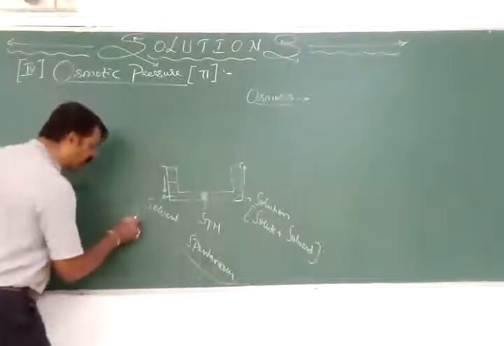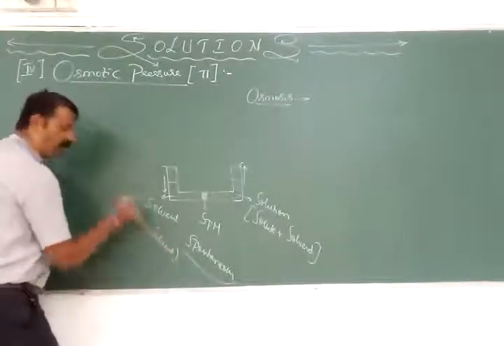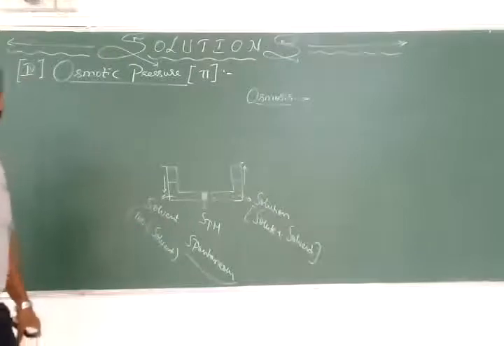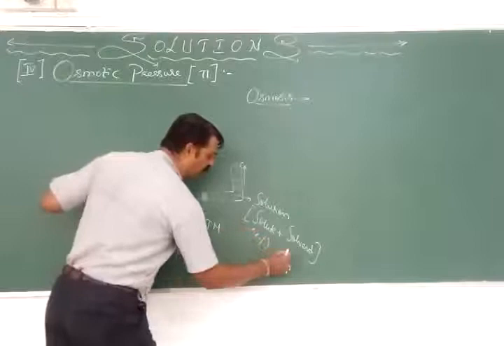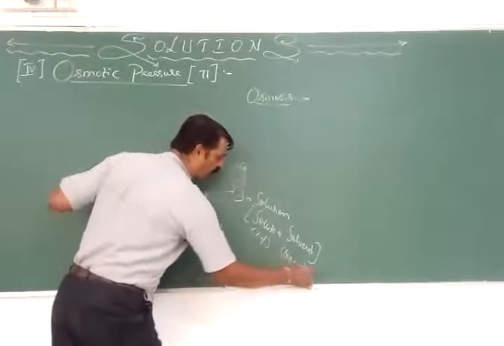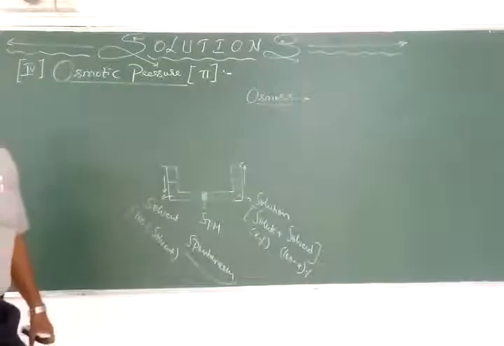Here, can I say that 100% solvent is present? Why? Because it is pure solvent. Here, if it contains X% of solute, can I say it is 100 minus X% solvent? Why? Because it is a mixture.